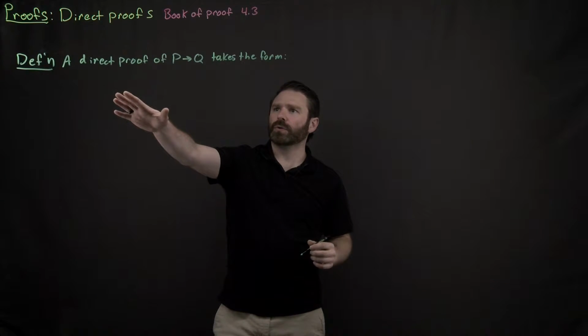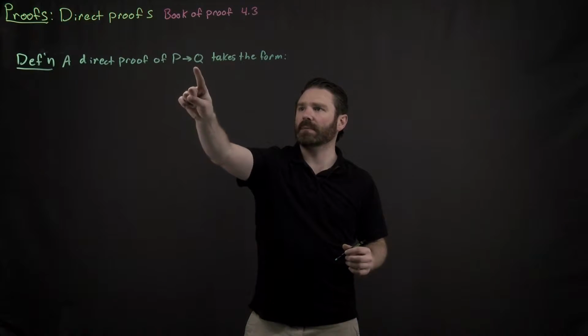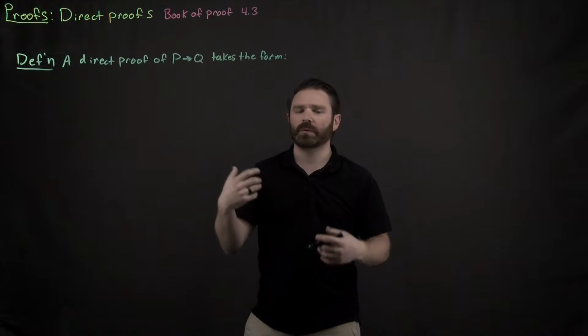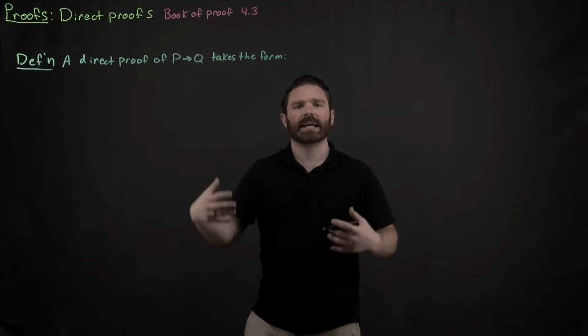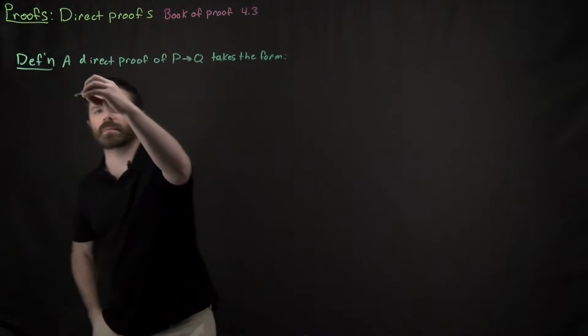So direct proof of a certain claim, so here the claim is P implies Q, and it's a proof technique. So it's going to take a certain form, and that form is going to be as follows.